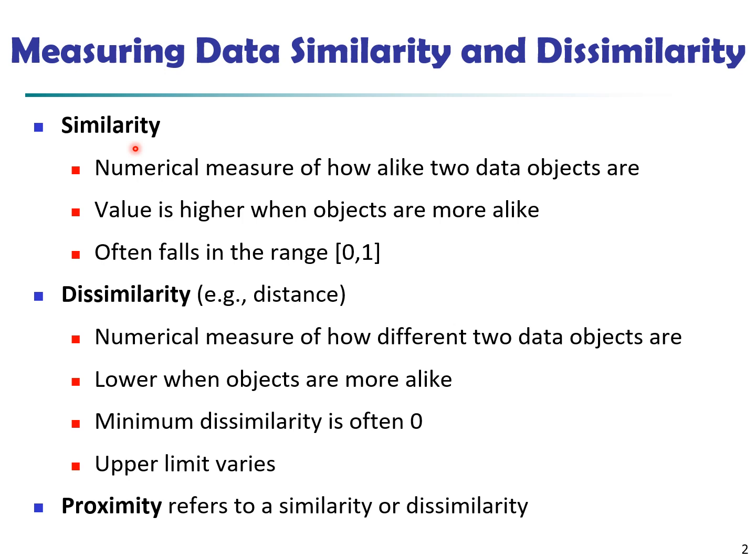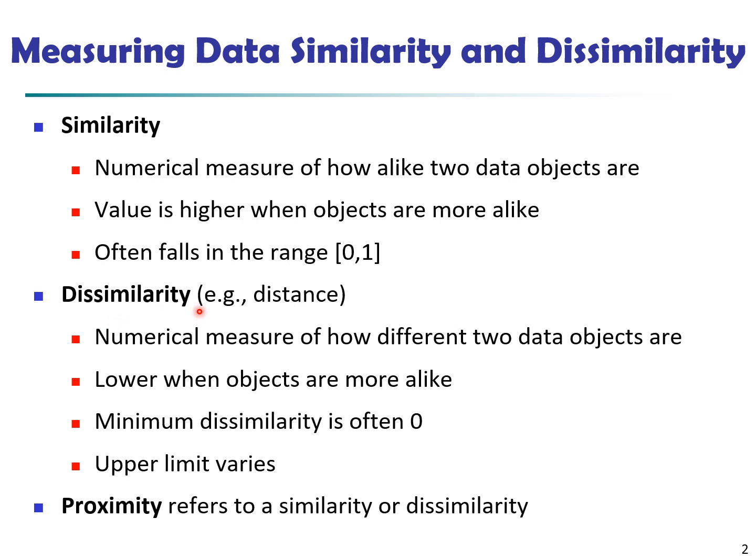The value is higher if the objects are more alike, and the values are usually in a range between 0 and 1. If it's 1, it means that the two objects are similar. If it's 0, it means that they are not similar.